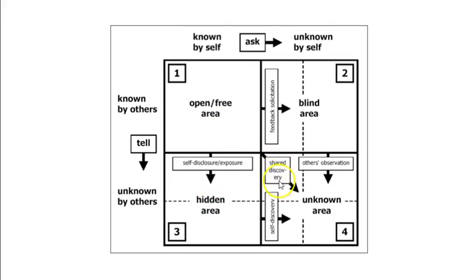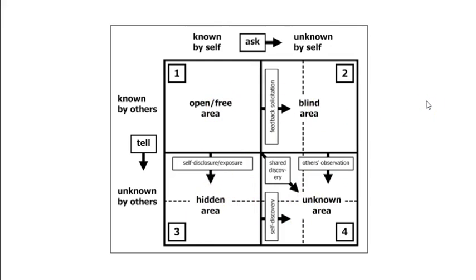Discovery is how we get from this unknown area into the open area, or into the hidden area. Self-discovery is how we get from the unknown back over here to the hidden. And then finally, other people give us observations, and those observations allow things to come out of the blind area and into a hidden area or an open area.